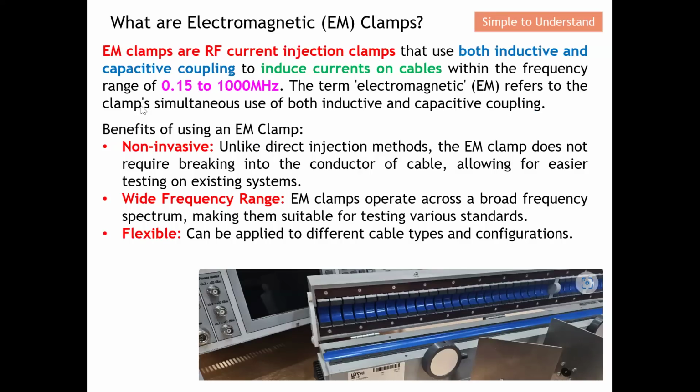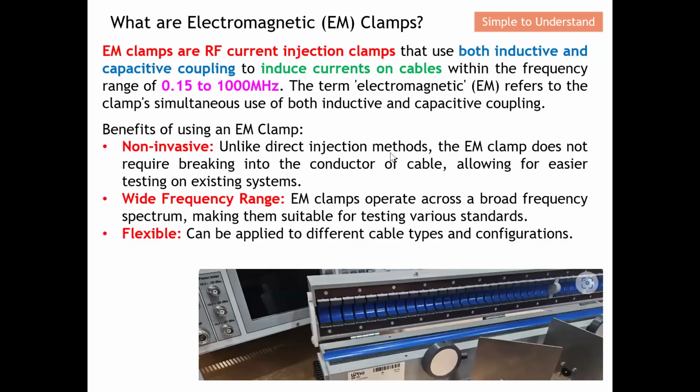Now let's discuss the benefits of using an EM clamp. I think the clearest benefit is that it is non-invasive. The EM clamp has the key advantage of being non-invasive. Unlike the direct injection method, the EM clamp does not require us to break into the conductor of the cable, which means we don't need to cut the conductor.